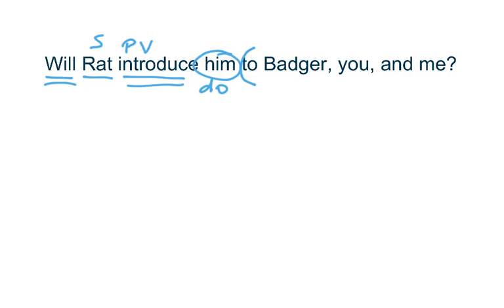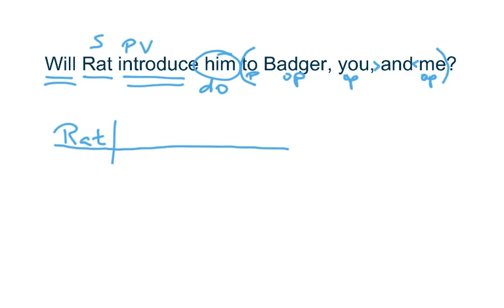Then we have a prepositional phrase, to Badger, you, and me. So we have to, preposition. Who? We have three objects of the preposition. We have a conjunction. And let me show you how to diagram this.